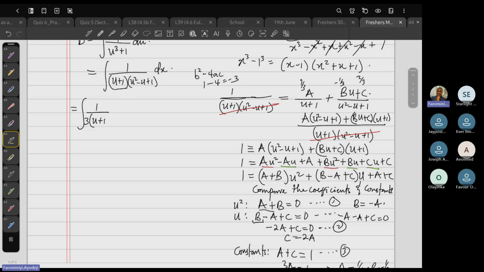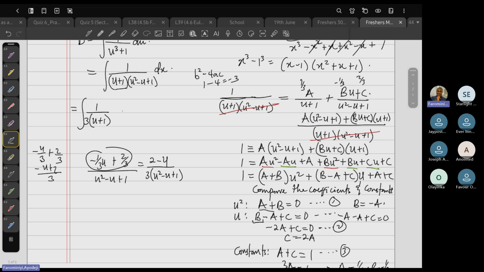Let me write out what the second part is. The second part is (negative 1 over 3 u plus 2 over 3) over (u squared minus u plus 1). If you take the LCM there, that is (2 minus u) over 3 times (u squared minus u plus 1). Because this is negative u over 3 plus 2 over 3, LCM, that is negative u plus 2, that is 2 minus u over that.